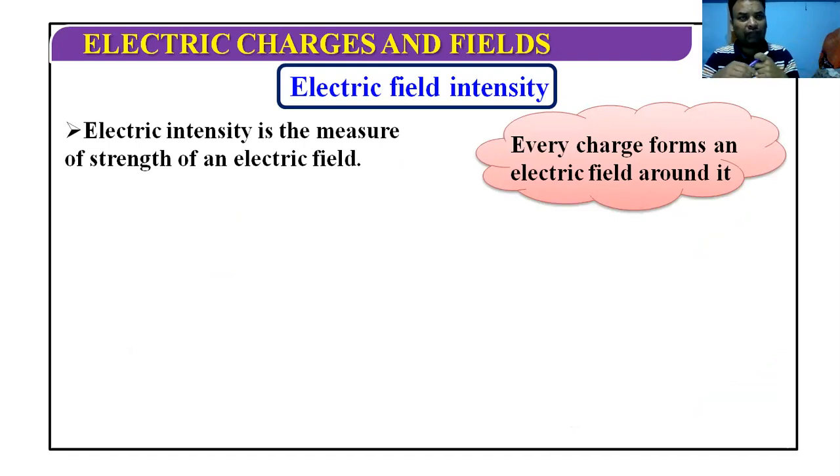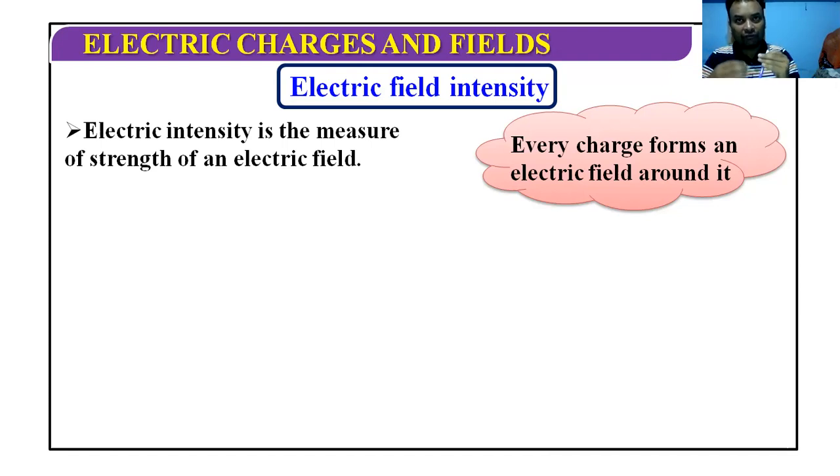When we are dealing with any field intensity, whether gravitational, magnetic or electric, that term is used to measure the strength of the field. If we are measuring gravitational field intensity, we are interested in finding the strength of the gravitational field.